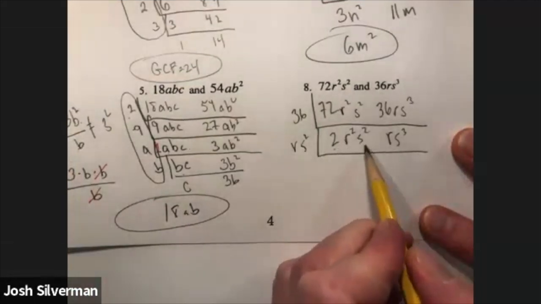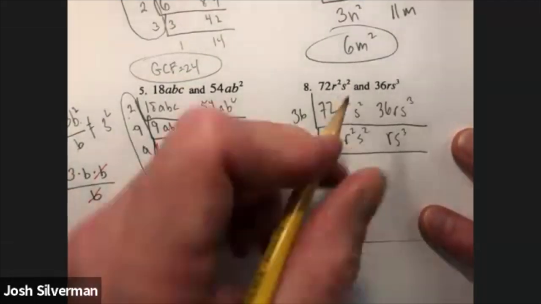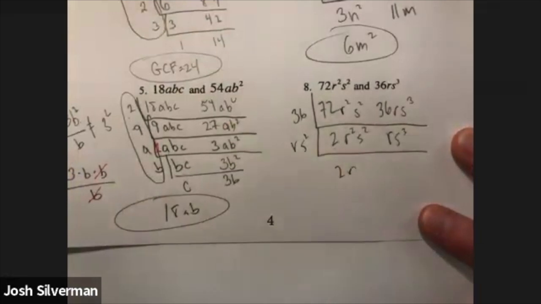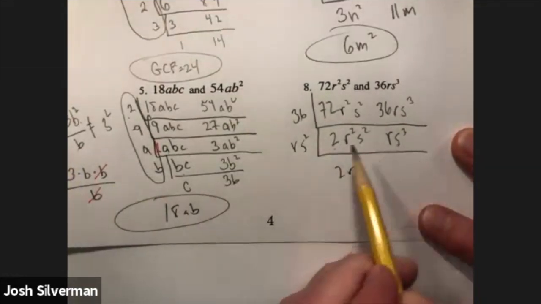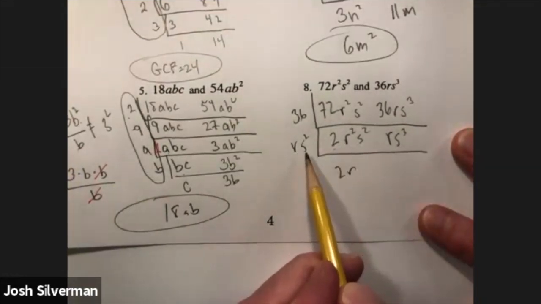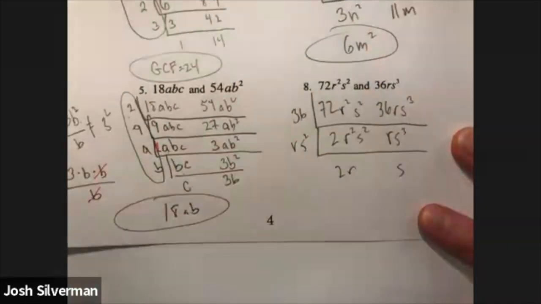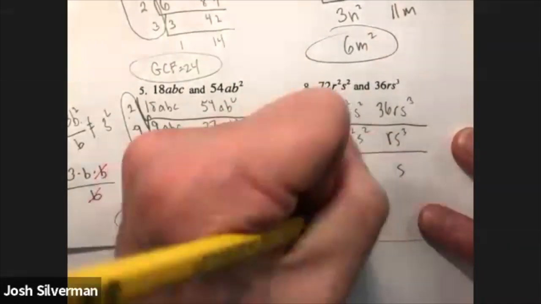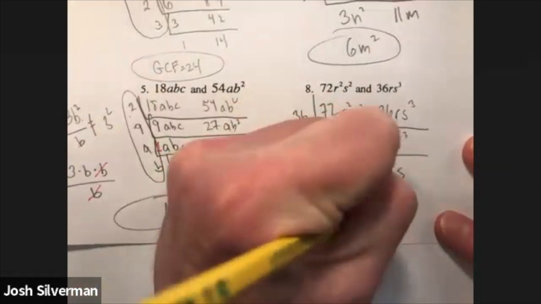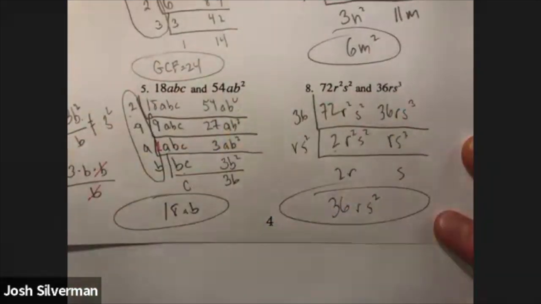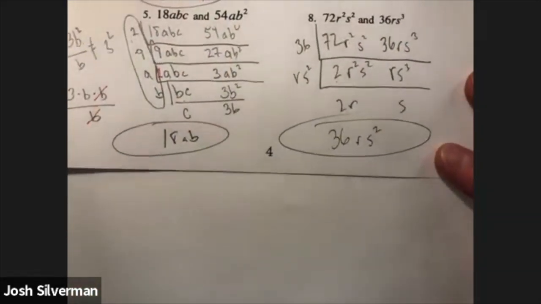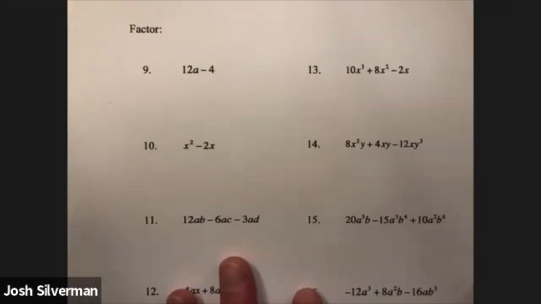What is 2r squared divided by rs squared? That's going to leave us with a 2 and an r. What is rs cubed divided by rs squared? Just leaving behind a single s. We cannot go any further. Here is your GCF, 36rs squared. All right, one more page to wrap us up here.